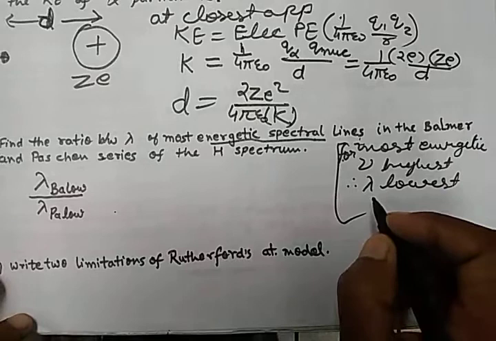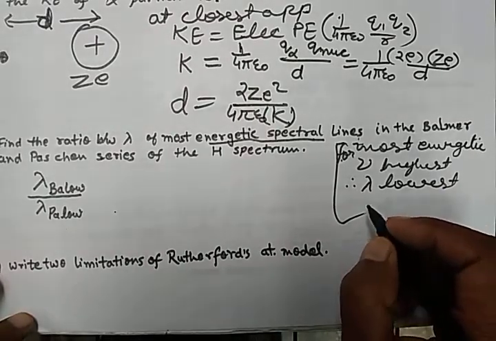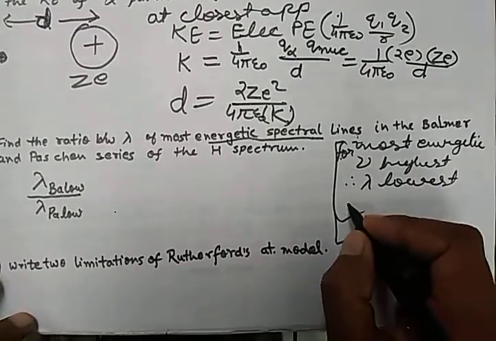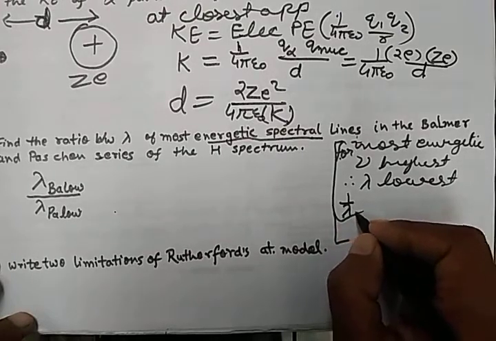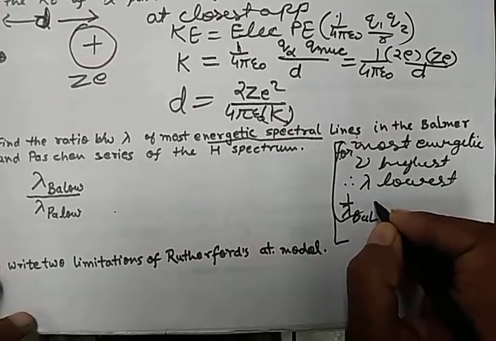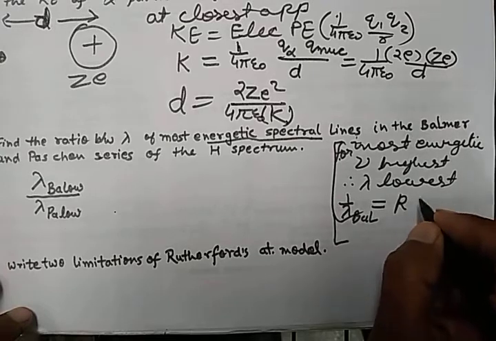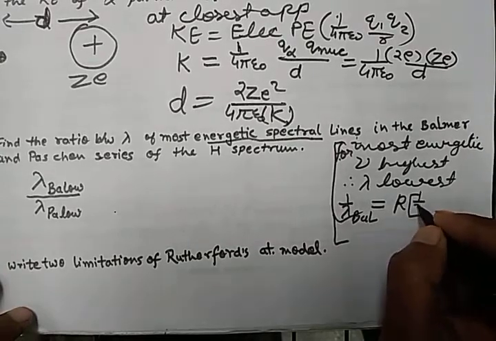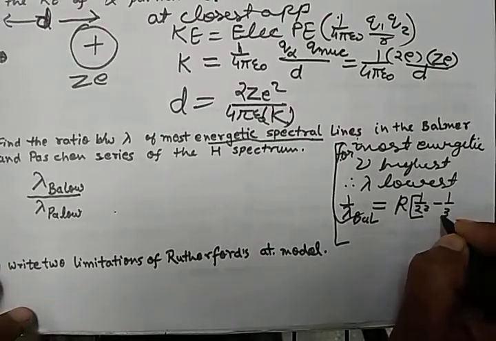And for the Balmer lowest transition, 1 upon lambda Balmer lowest is R times (1 upon 2 square minus 1 upon 3 square).